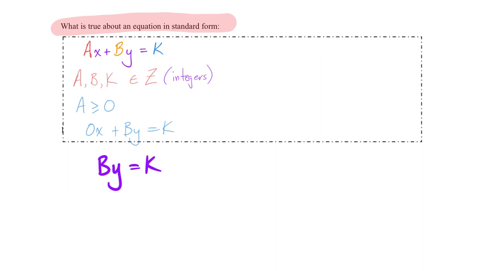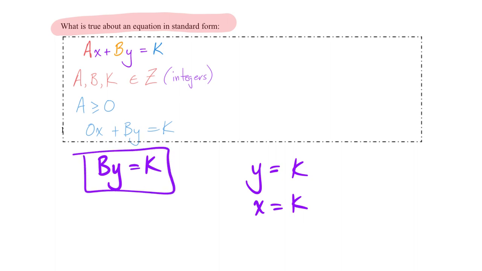Remember, not all lines have to have an x and a y in them. If it was y equals a constant, and I'll just use k to represent a constant, then there's my horizontal line. If it was x equals k, then there is my vertical line. So there is nothing wrong with having the equation by equals k.